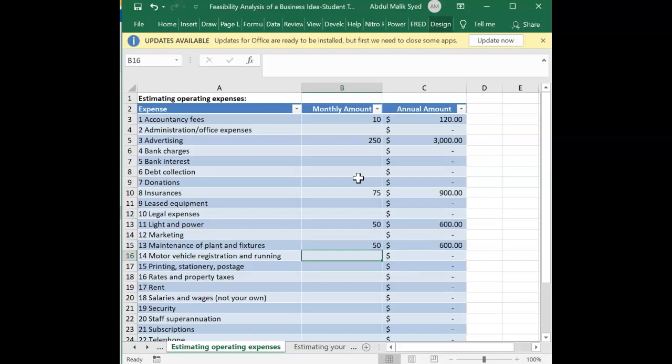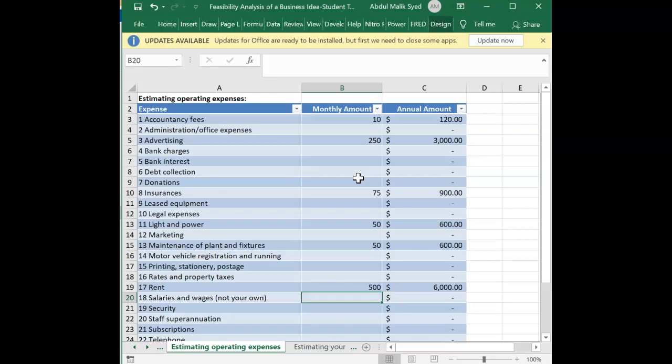Motor vehicle registration we don't have. Printing, stationery, postage we don't require. Rates and property taxes, maybe we need to pay a property tax, or we take it on rent. If you take it on rent, the monthly rent is say 500 dollars, so around $6,000 on an annual basis.